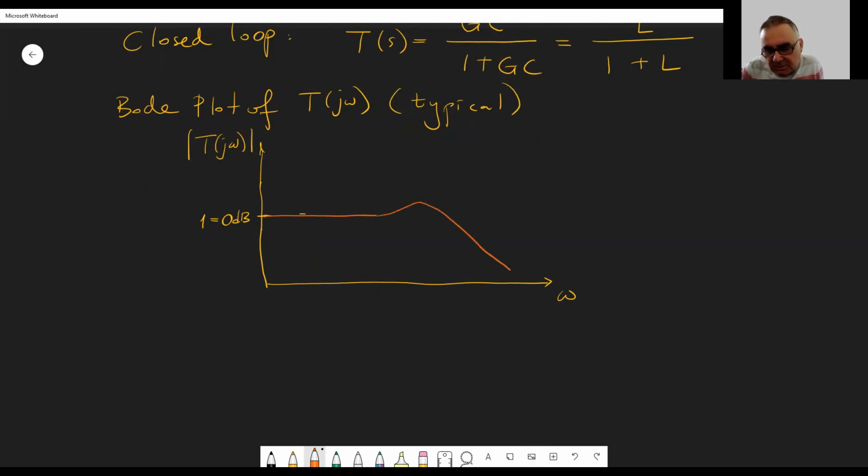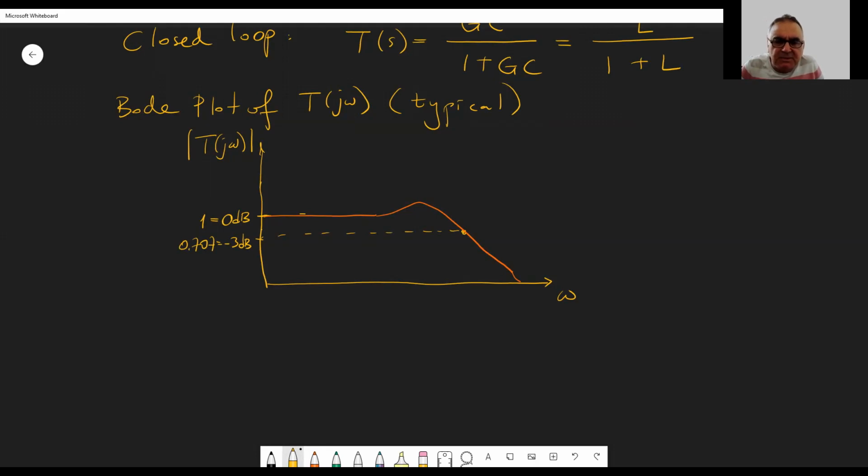Typically, it will be something like this. It will go as 1 for a while, make a small peak, and then start going downwards. So, there are certain quantities. This is 0.707, which is minus 3 dBs, somewhere around here, this is important.